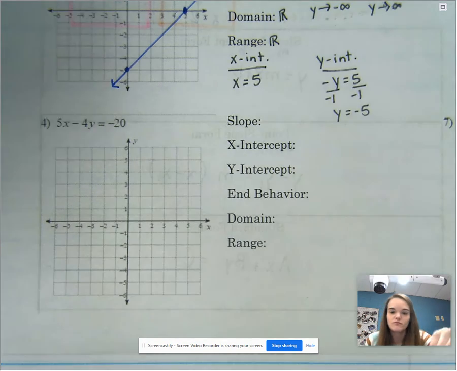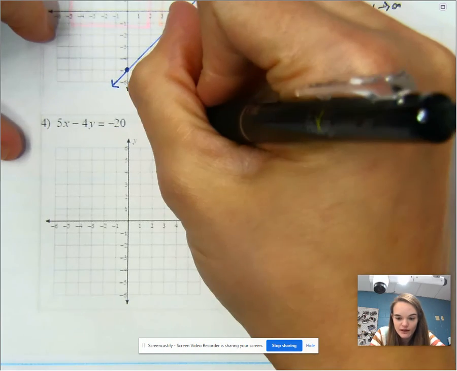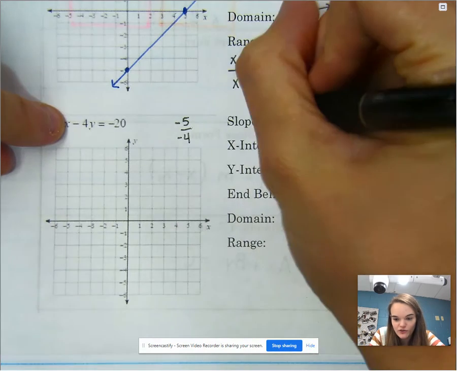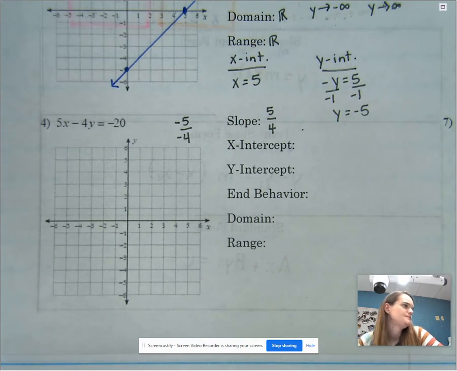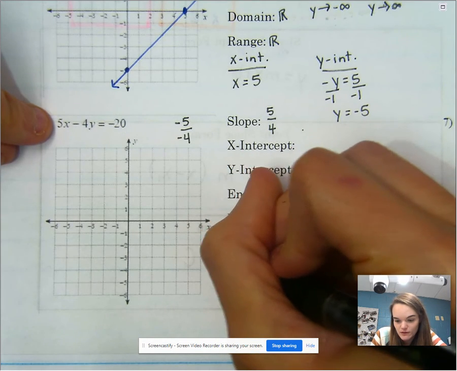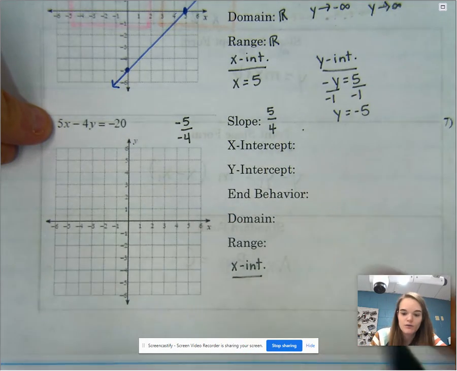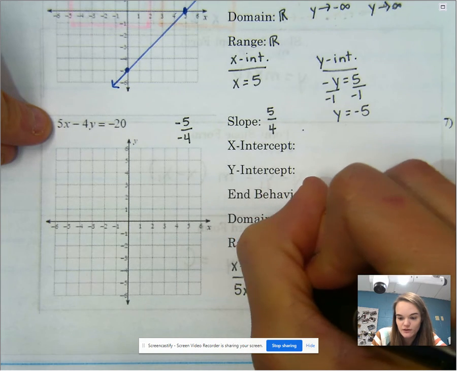All right, let's find the slope first. Slope is negative a, negative 5, over b, negative 4. That is 5 over 4. X-intercept. We cover up y. We're left with 5x equals negative 20.